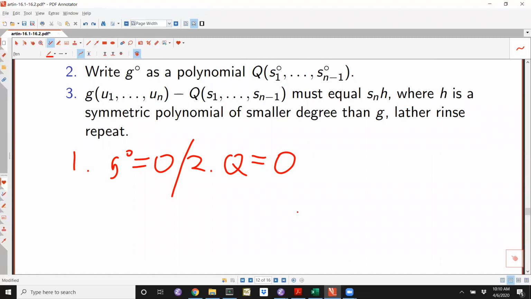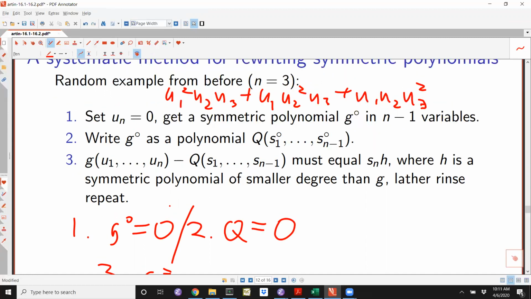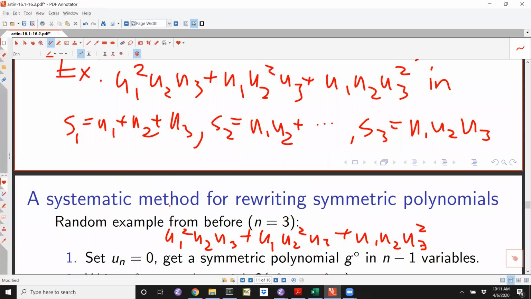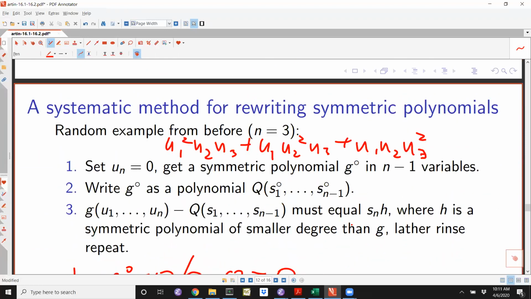In step 3, we see that the original G minus Q is divisible by S3. So S3, remember, is U1, U2, U3, and lo and behold, this is actually divisible by U1, U2, U3.